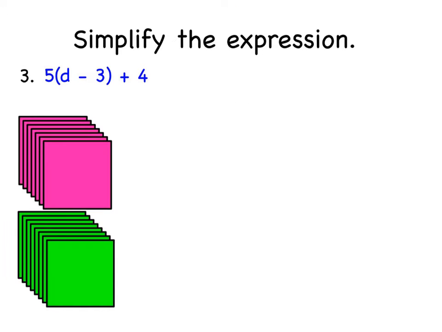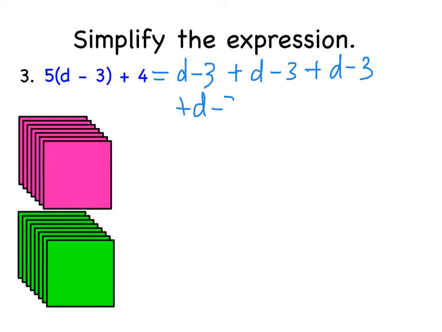Now I'm going to take a moment to explain how we would rewrite this expression without the distributive property. This is telling me that I have 5 times the group d minus 3. So I would rewrite that as d minus 3 plus d minus 3 plus d minus 3 plus d minus 3 plus d minus 3.